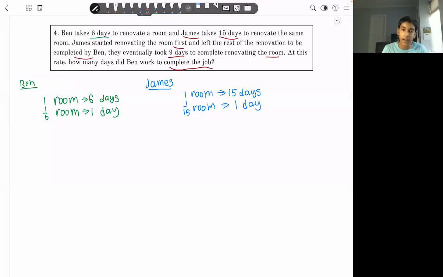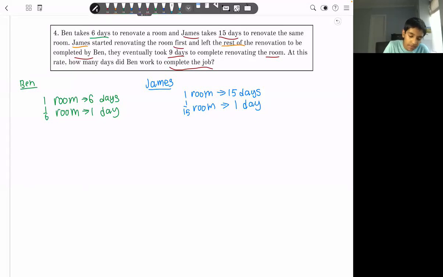So now we somehow set up an equation. Here's how you do that. It says that James starts renovating first and leaves the rest to be completed by Ben. Do we know how much of the room James is actually renovating? No, we don't know what it is yet.